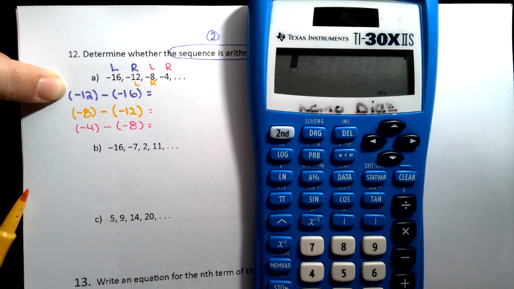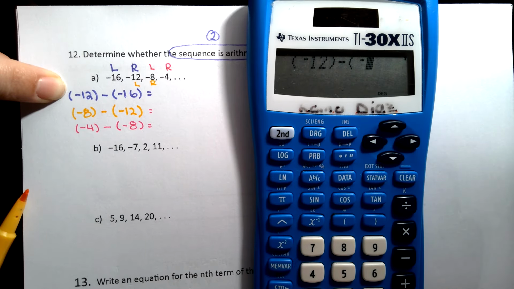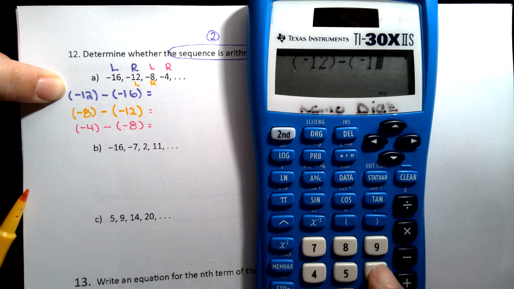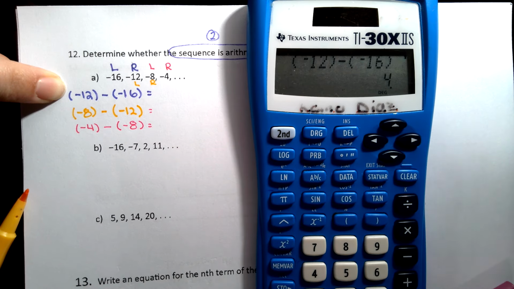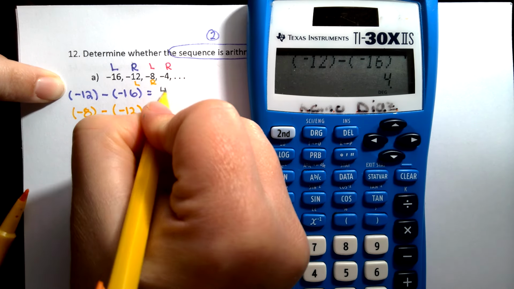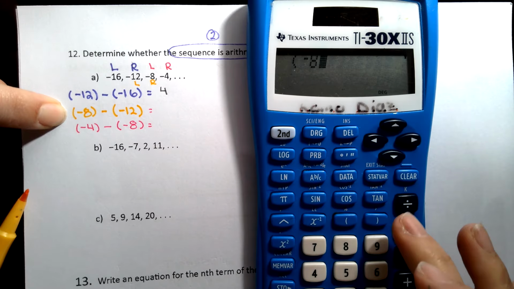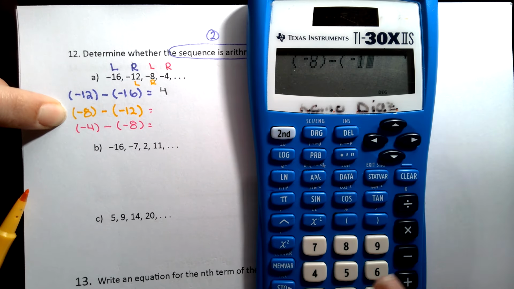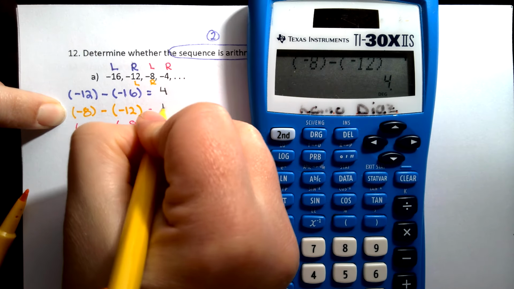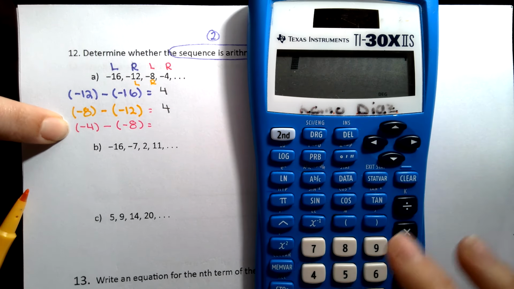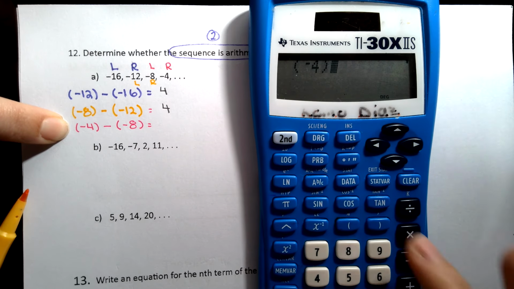Oh, that's wrong. I typed it in wrong. If, however, the numbers are not the same, even if just one number is different, then it's not arithmetic. It has to be the same common difference. So this is 4, -8, close it, minus open, -12. Oh, I get 4. Now, if this last one is 4, then that's good. That means, yes, we have a common difference, and yes, we have an arithmetic sequence.